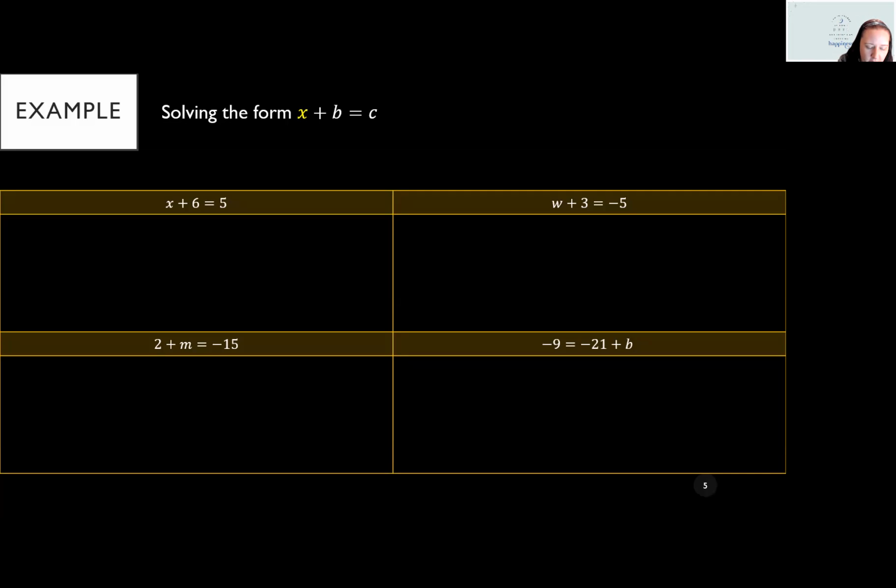Our goal here is we want to get x equal to some number. Or if you have other letters, you're trying to get those other letters equal to some number. Your goal is to get the variable by itself. And we're only going to be adding or subtracting things from both sides in order to do so.